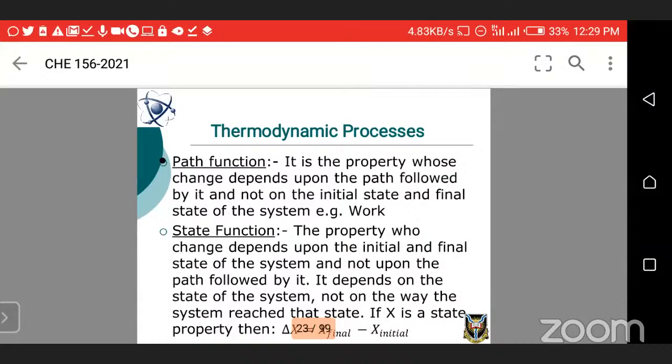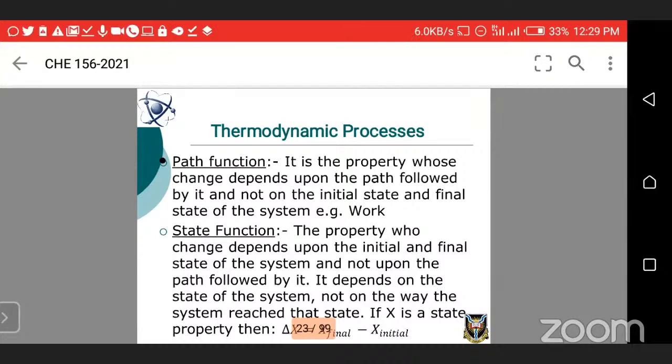State function. When we say something is a state function, that shows that that particular thing is dependent upon the initial and final state of the system, and it does not depend on the path it follows.